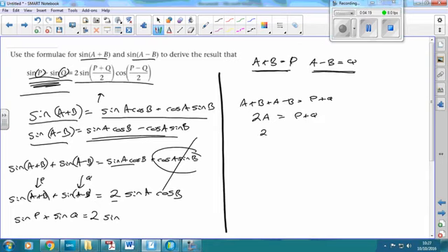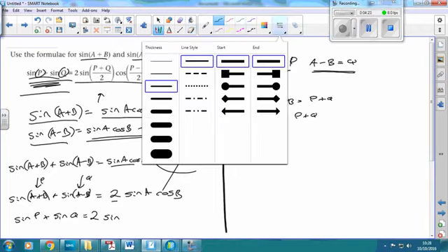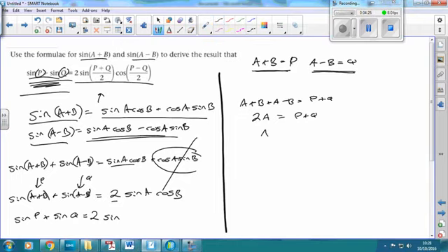If we then divide by 2, a equals (p plus q) over 2. Then here we're going to replace this a with (p plus q) over 2. So it's going to be 2 sine of (p plus q) over 2, and we're going to have cos. And then instead of b, we're going to replace b.